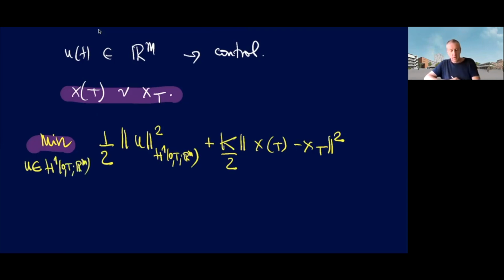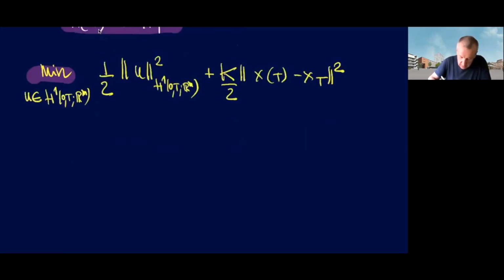Because of the compactness, H1(0,T; R^m) is embedded compactly in L2(0,T; R^m), you will see that this implies the existence of an optimal control, which is the minimizer of this functional.